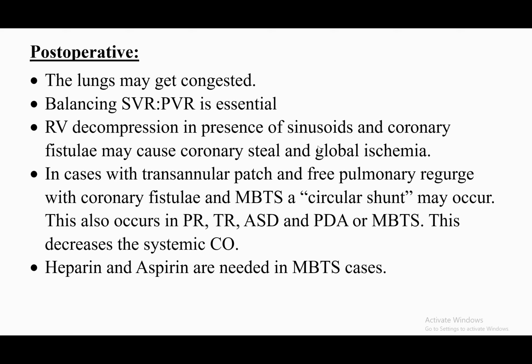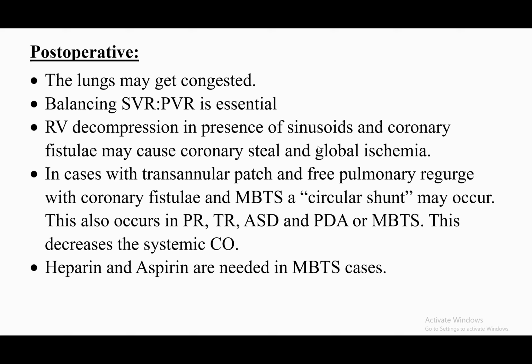In cases with transannular patch and free pulmonary regurg with a coronary fistula and an MBT shunt, a circular shunt may occur. This also occurs in pulmonary regurg, tricuspid regurg, ASD, PDA, or MBT shunt.